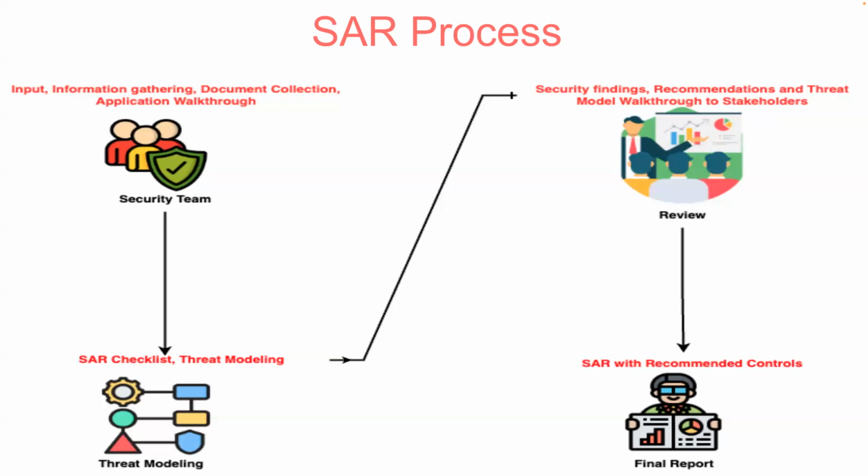Once that part is complete and stakeholders agree with the security team's findings and recommendations, a final version of the security architecture report is created, and the security team monitors whether all the recommendations have been implemented in the application or not. So these are the important phases in doing a security architecture and design evaluation for an application.